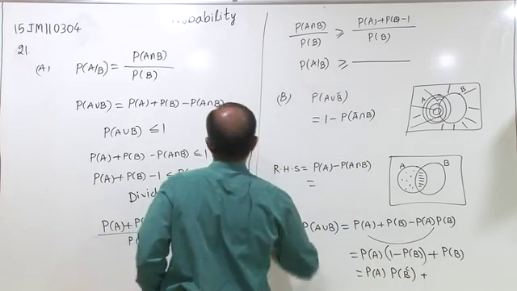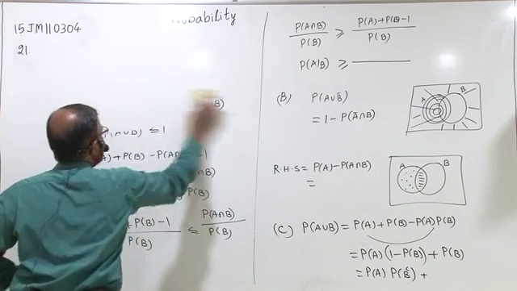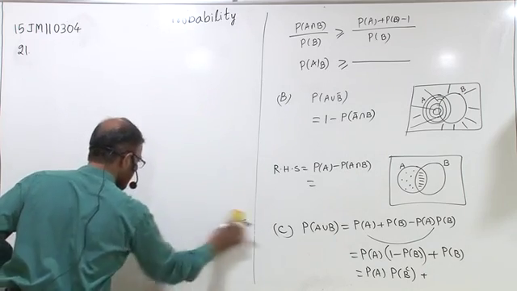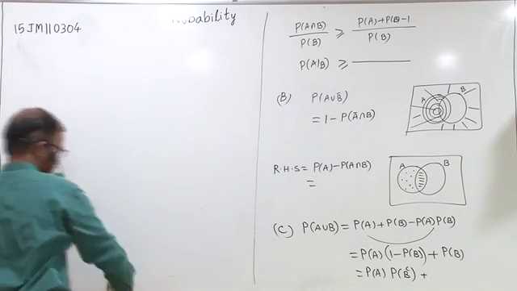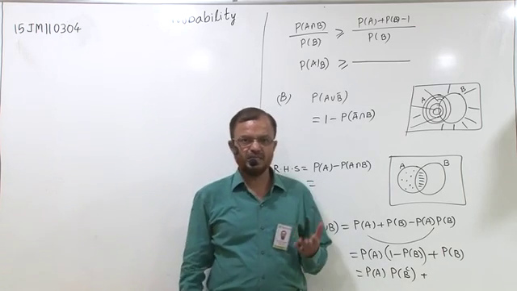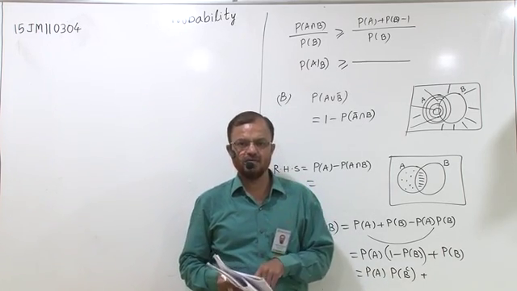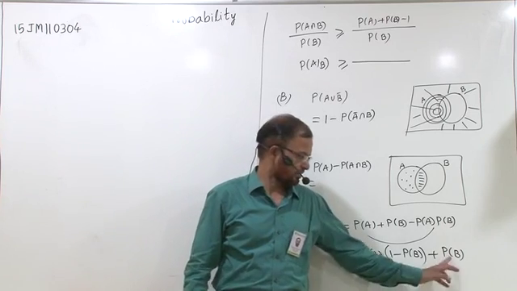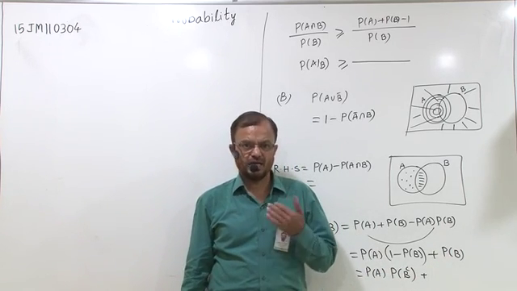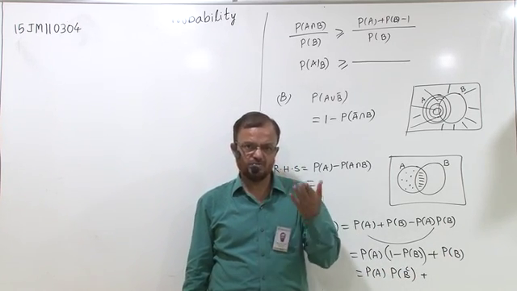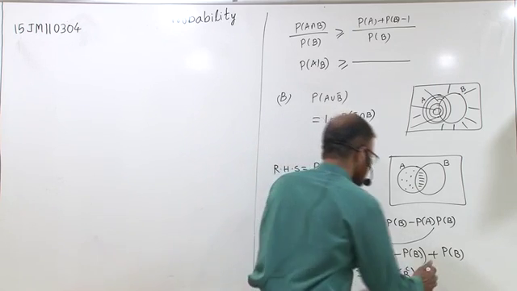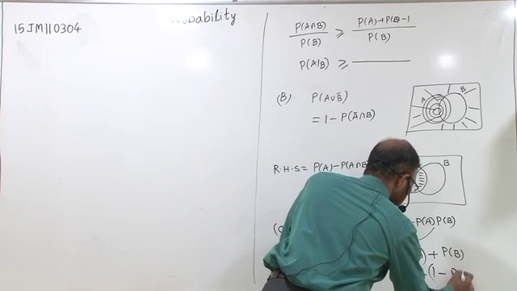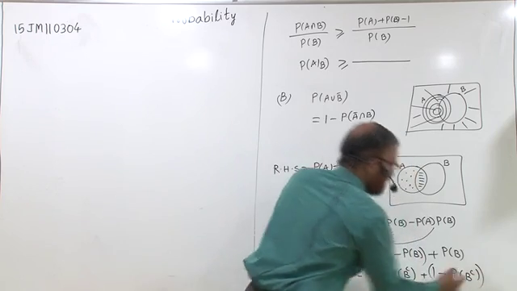Now we have to go by the definition. On the right side I want B complement, here it is only B. I can write probability of B in terms of probability of B complement. I can say it is 1 minus probability of B complement.